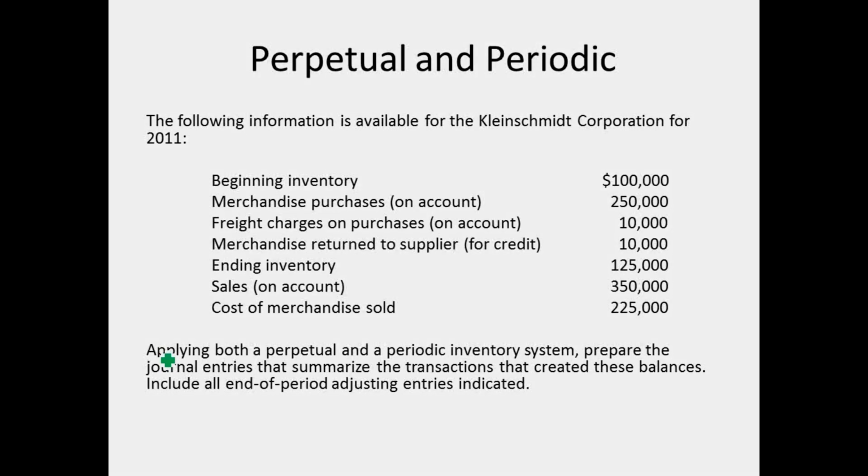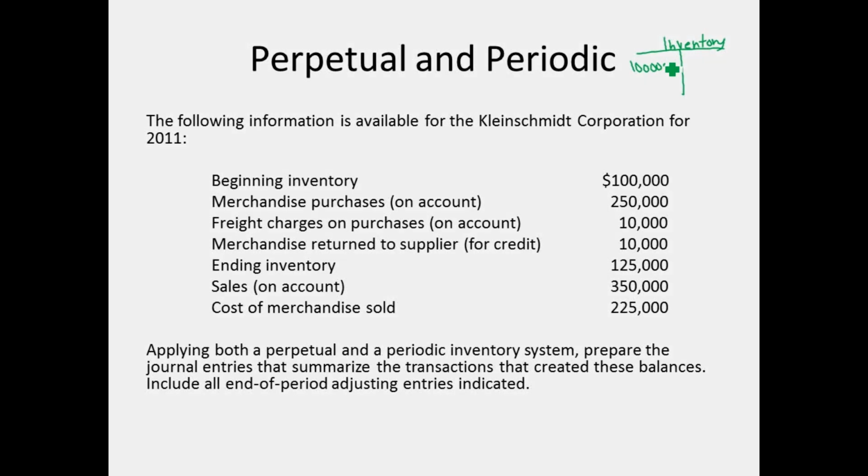They start out with a beginning inventory of $100,000. Just straight off the bat, we don't have to know much, but inventory, 100. That's what they started the year with. Now, during the year, they're purchasing inventory. Why are they purchasing inventory?